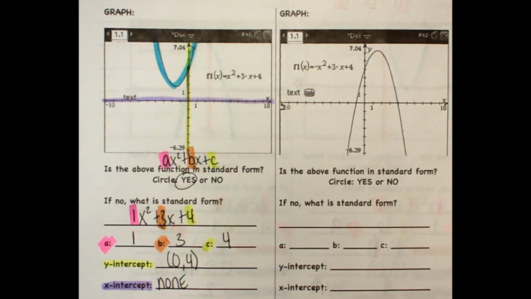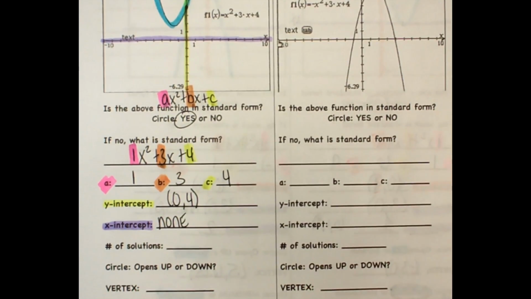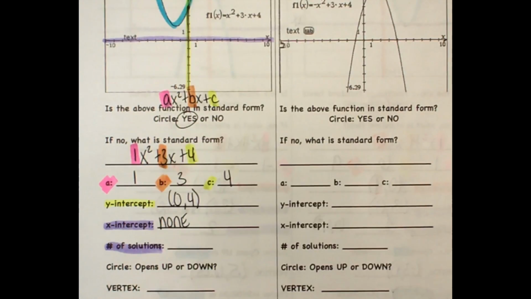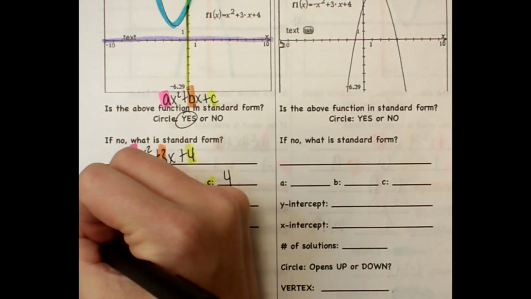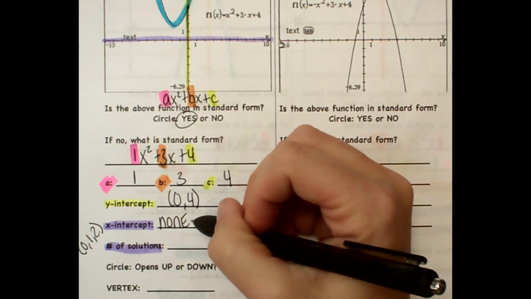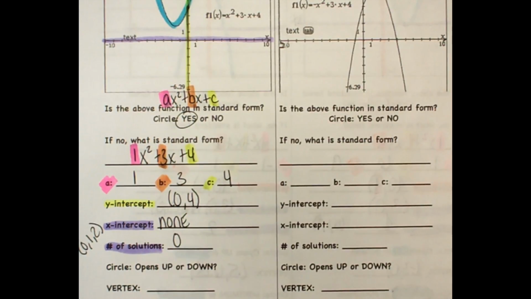It has no x-intercepts. Remember, x-intercepts go with my number of solutions. Your number of solutions can be 0, 1, or 2. In this case, because there are no x-intercepts, my number of solutions is 0.